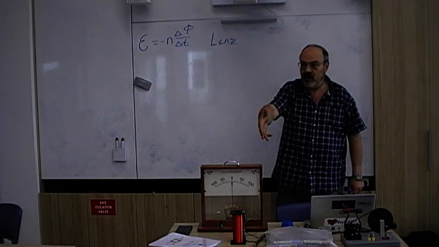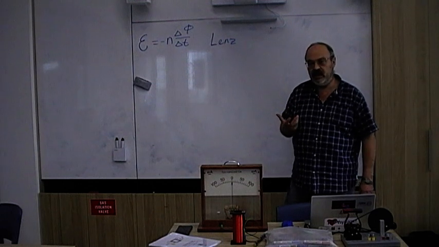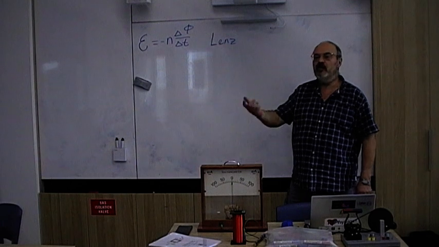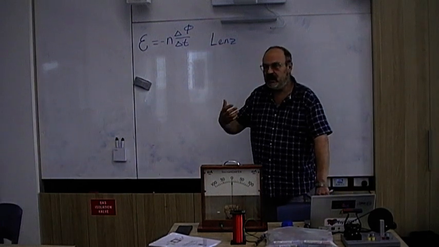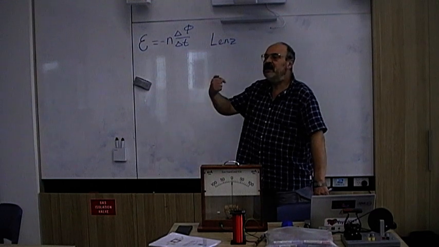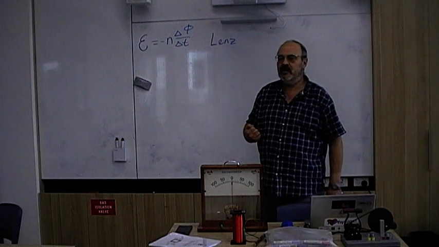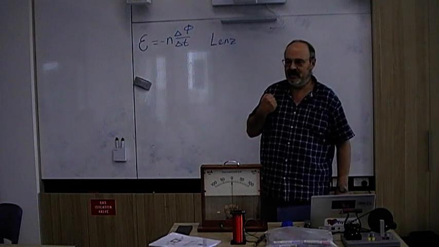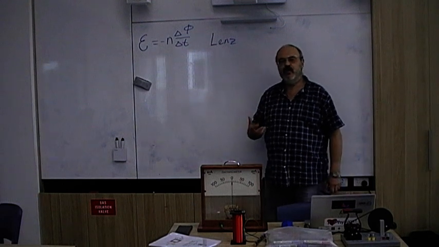So when the induced current starts flowing in the coil, it creates its own magnetic field as well. The direction of the induced current is such that its magnetic field opposes the change that created this current. So it's always trying to oppose.